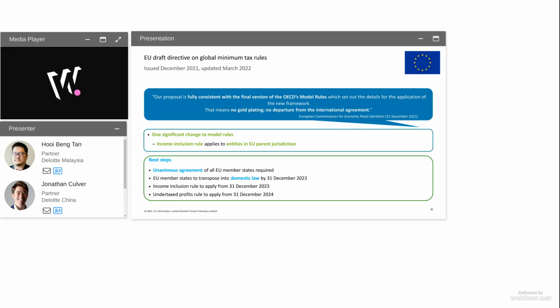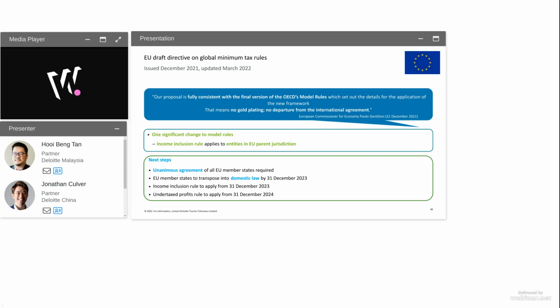So this is a very important document. There's one significant change in the model rules compared to the OECD model rules: the income inclusion rule, the IIR, applies to entities in the EU parent jurisdiction itself. So this is quite a big difference compared to the OECD rules.